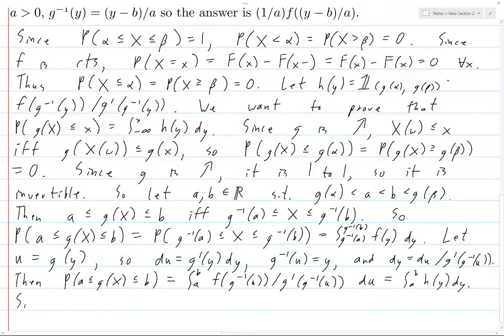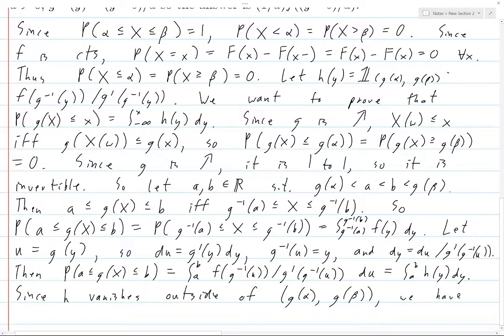Now finally, since h vanishes outside of the interval from g alpha to g of beta, we have the probability that g of x is less than or equal to x.